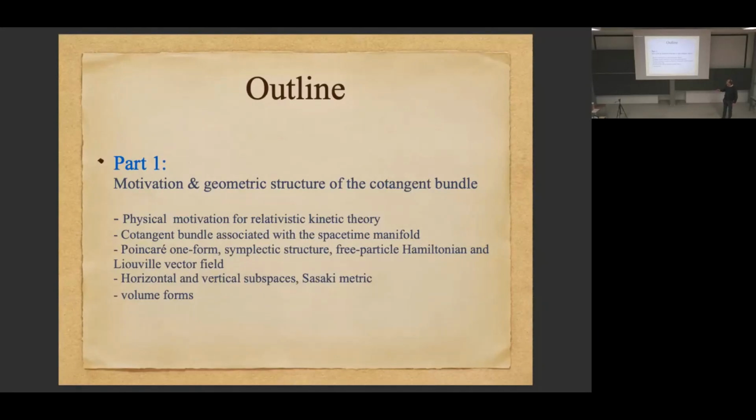Then we're going to talk a little bit about horizontal and vertical subspaces and the Sasaki metric. It turns out you can lift the space-time metric in a natural way to the cotangent bundle, and this is called the Sasaki metric. And then we'll also talk a little bit about volume forms.